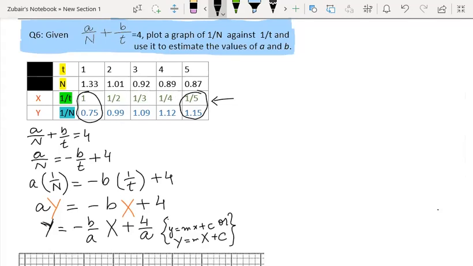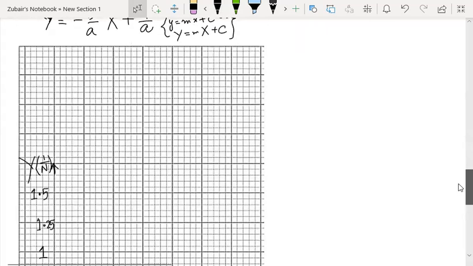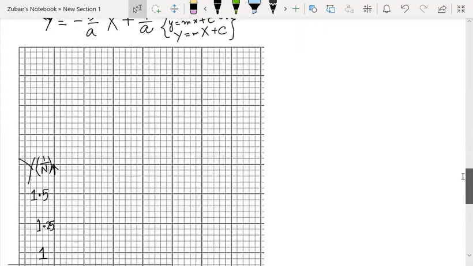So first and then second. 1 upon t is 1, means capital X is 1. Now, what was the other one?